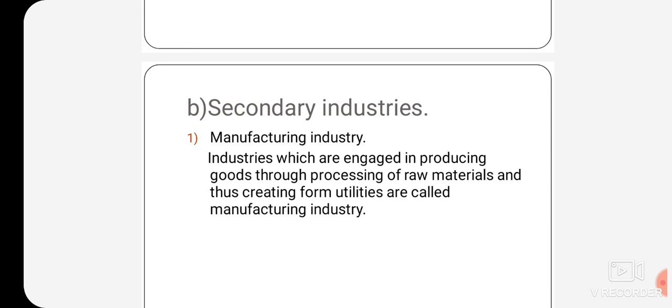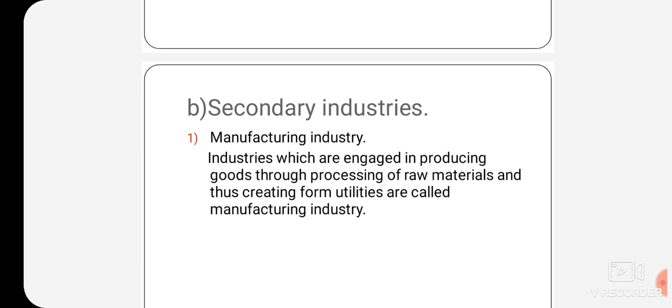It converts a raw material into a finished product. The raw material for this industry is sugar cane, which is converted through different stages of the manufacturing process, and at the end we get two products from this industry, that is sugar and jaggery. That is what a manufacturing industry does.